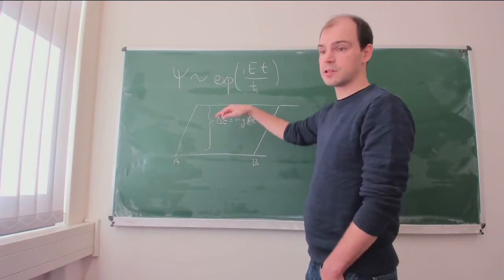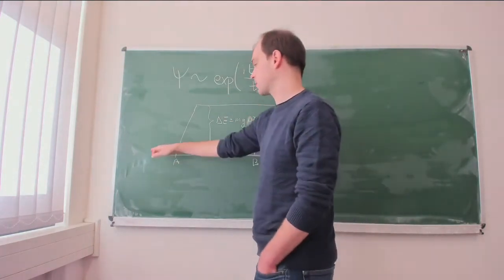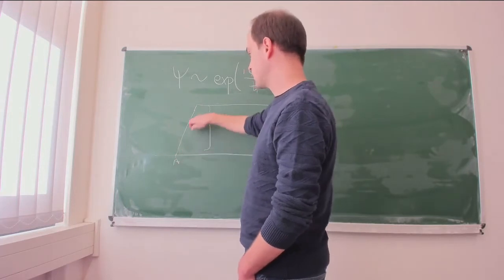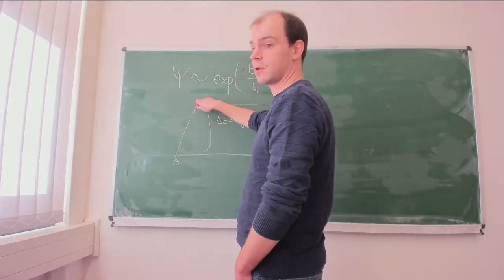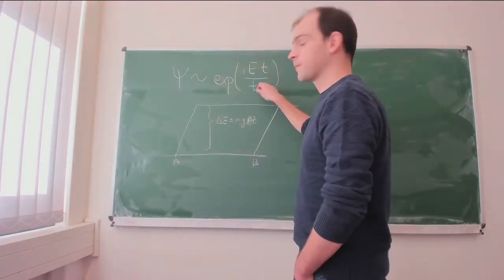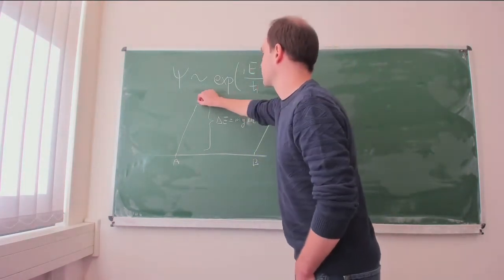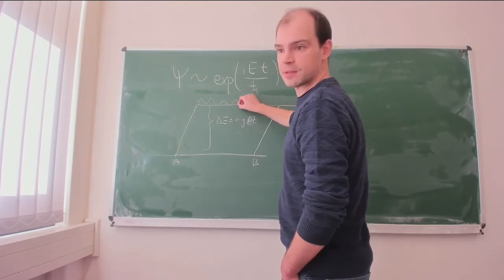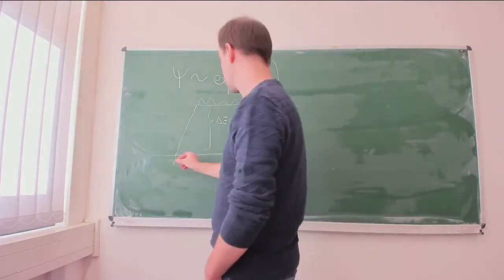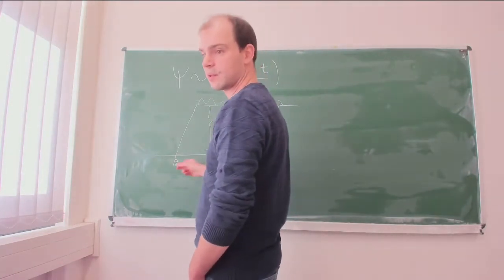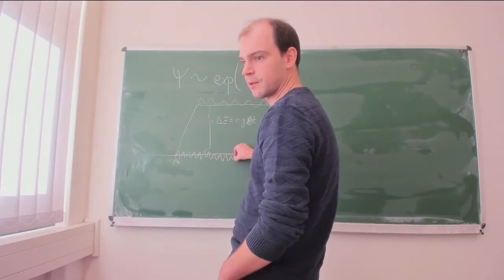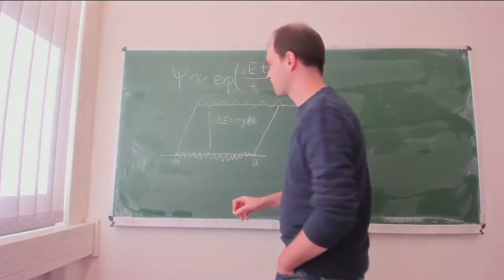So this energy difference leads to the neutron taking the upper path needing energy against the gravitational field. So it has a smaller energy by this delta E. So its phase along this path will oscillate a bit slower. And the other one going along this path still has this energy, so its phase will oscillate faster.